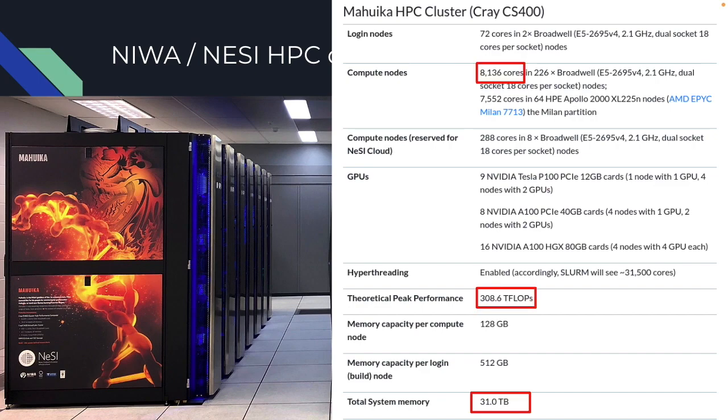We have around 8,000 cores, 32 terabytes of RAM, and the number of floating points per second that we can calculate is around 300 million. And that's an old one. It's really, really old. So the one I'm just showing is just that one on the left-hand side.